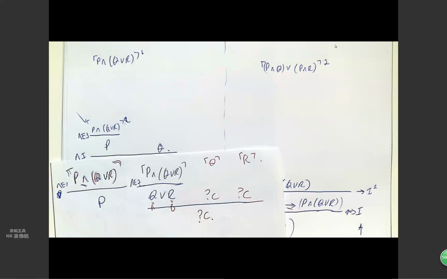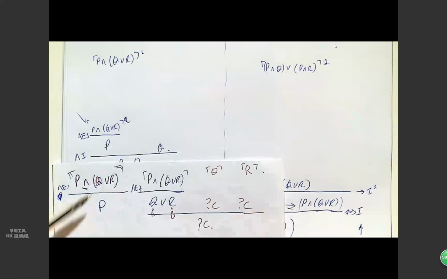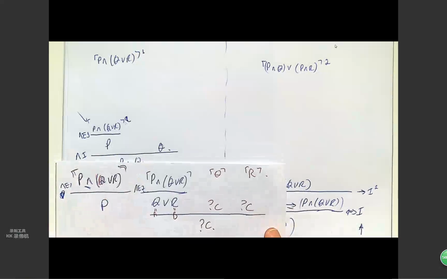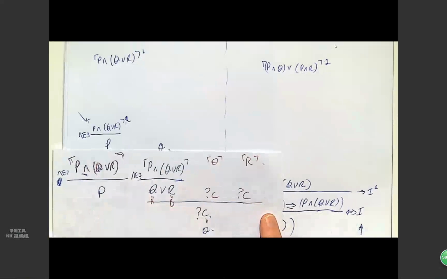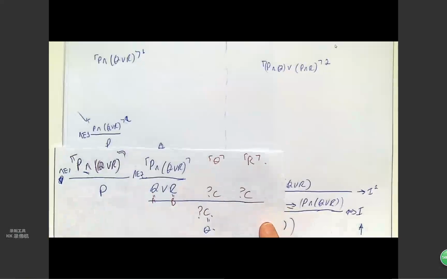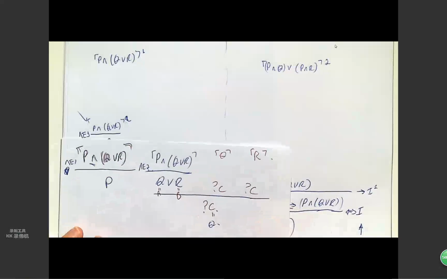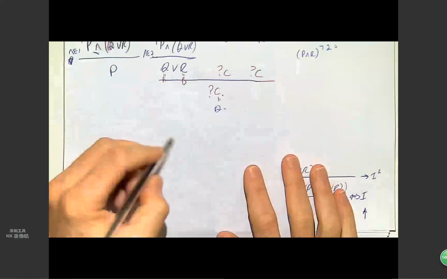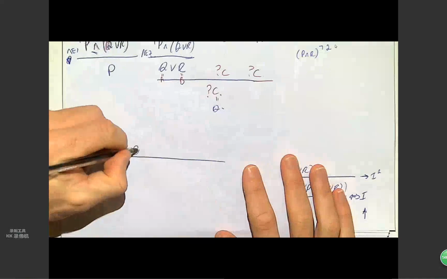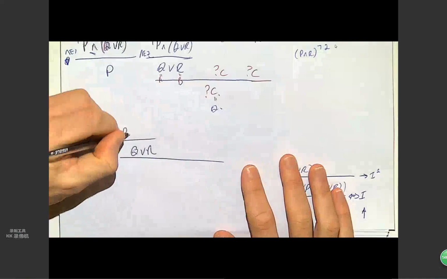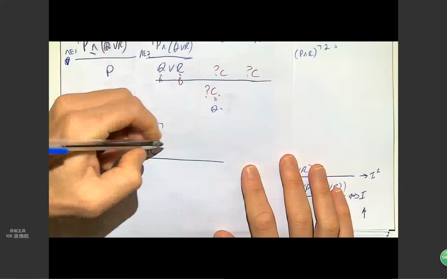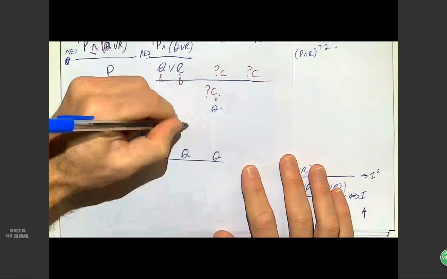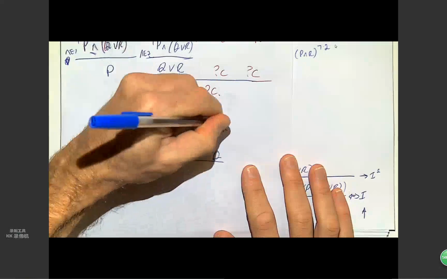Well, the choice there then becomes, if I choose C to be Q itself, then I would have the following: P and Q or R, and then Q there, R here.